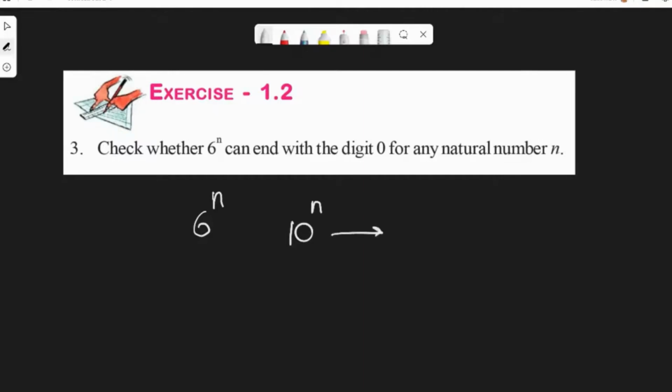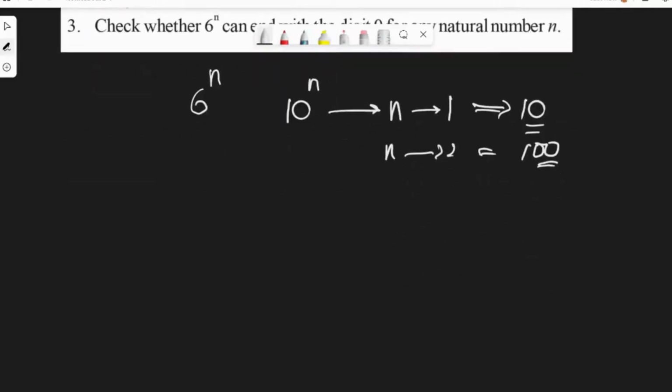You put any number in n, for example n is 1, you get 10, n is 2, you get 100. So it ends with a 0. So what is the condition for any number to end with a 0 for a natural number n with power n? The condition is the prime factorization of it should contain the numbers 2 and 5.